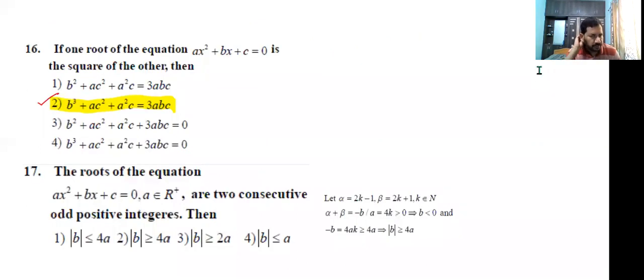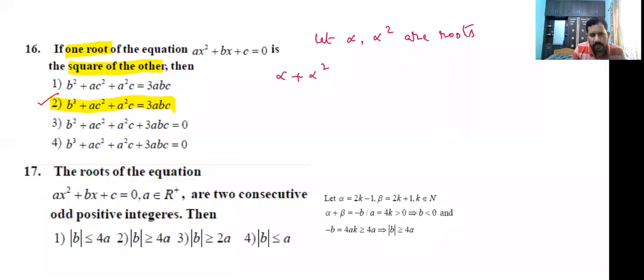16th question. Follow the alternative method. One root of the equation is square of the other. That means one root is alpha, another root alpha square, are roots of the given equation. Find sum of the roots.